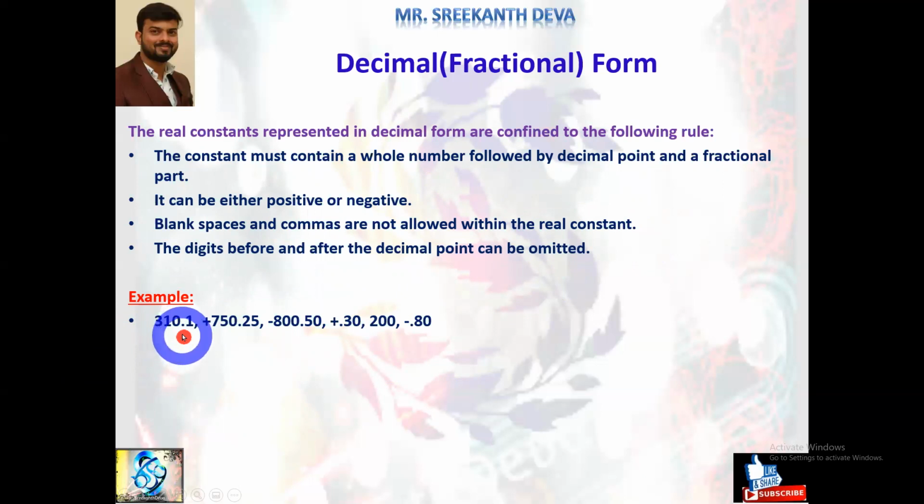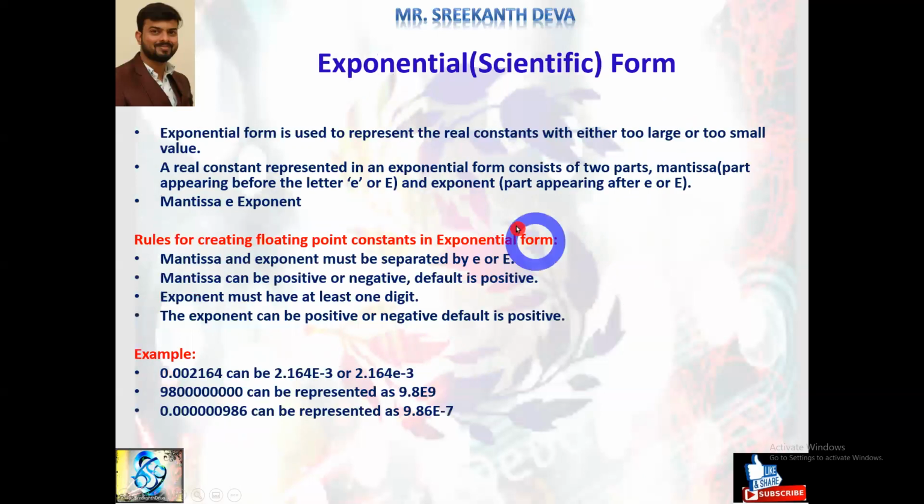For example, 310.1 and +750.25 are both the same. By default it is positive. You can also write -800.50, +0.30, 0.30, 200., -.80. These all come under what? Decimal fractional form.